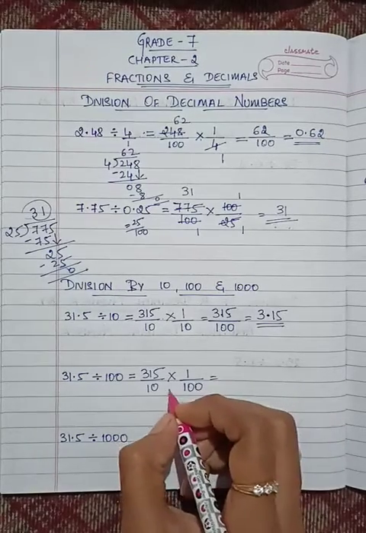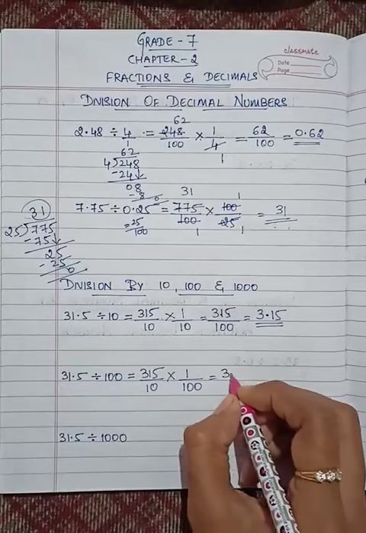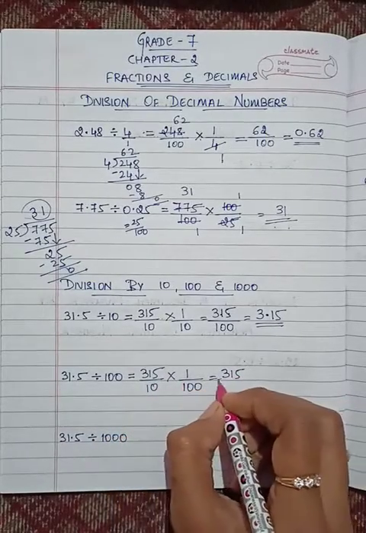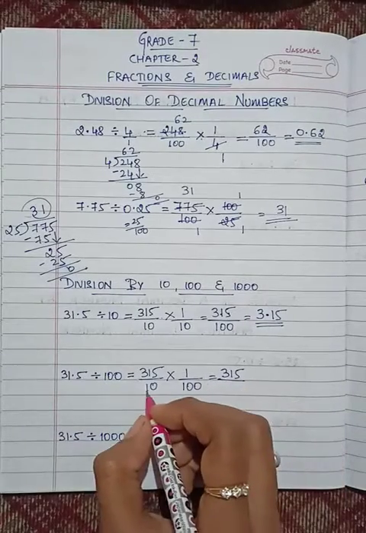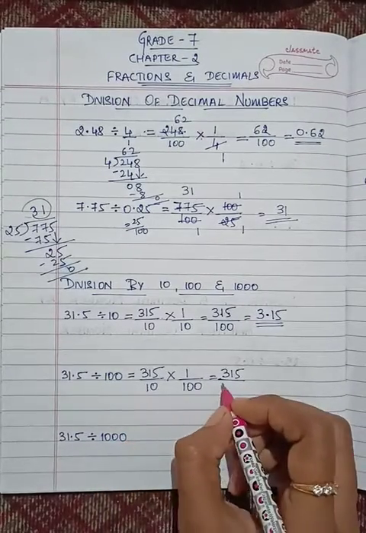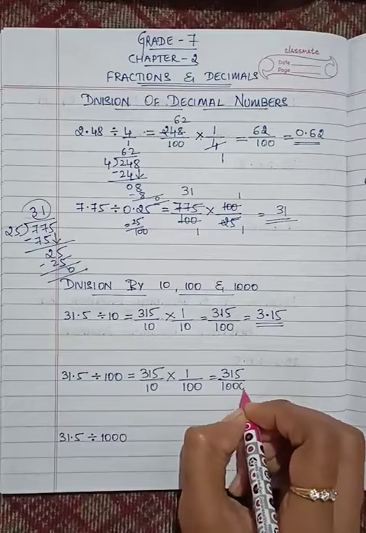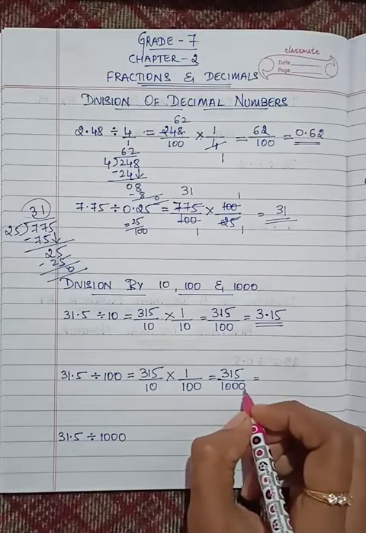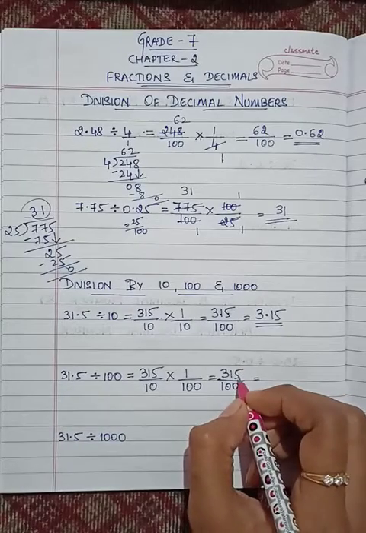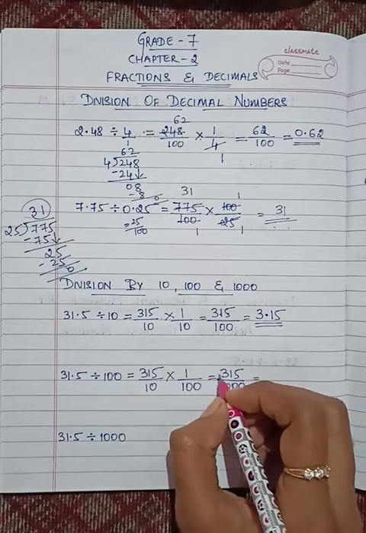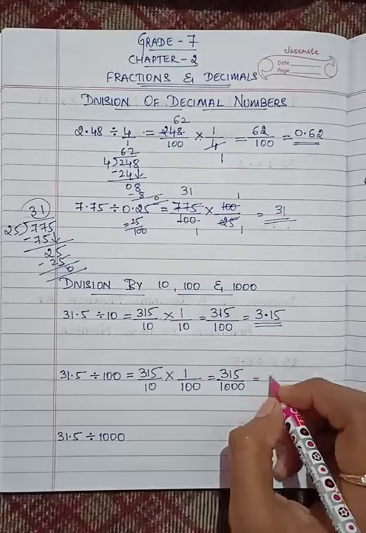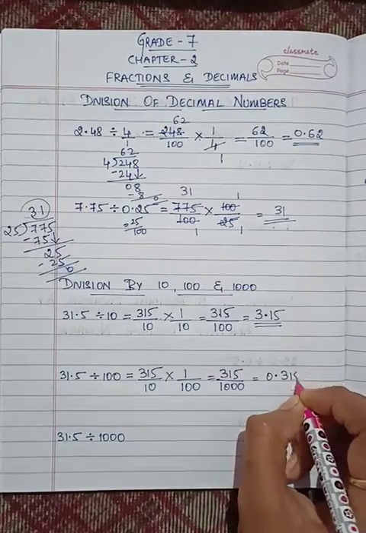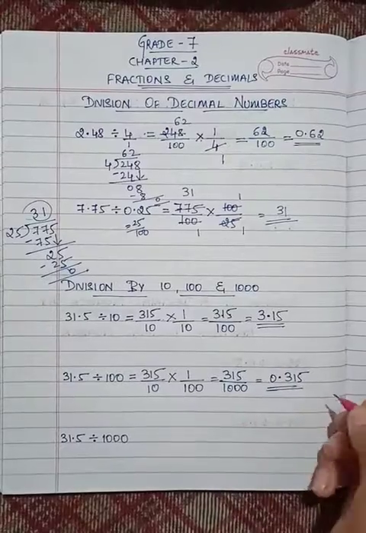So yes, now I can easily divide this. 315 multiplied by 1 is 315 itself, and 10 multiplied by 100 is 1000. So now it is 4 digits. I have to compare this with the numerator. It is 1, 2, 3 and the decimal point, I get 4 digits. So it is 0.315. This is the answer.